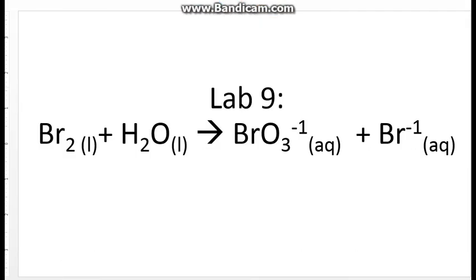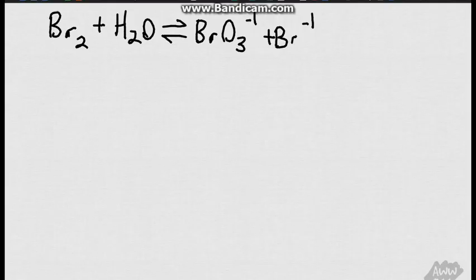Okay, so we've got this equation, and we need to essentially be able to balance it as an oxidation reduction. So I've written it down right here, and let's go ahead and first assign what our oxidation state is for each element. So we've got hydrogen here in the water, so that's going to be +1, for a total of +2 because there's two of them.